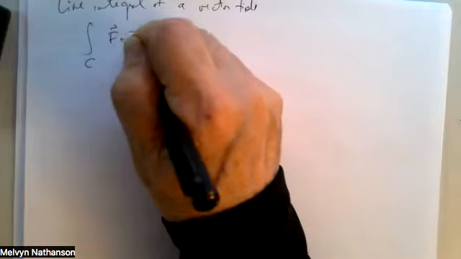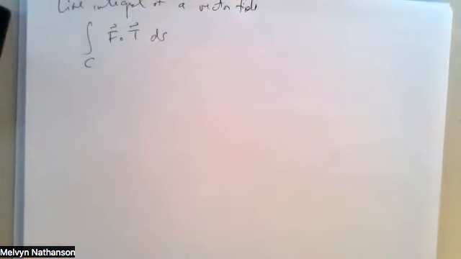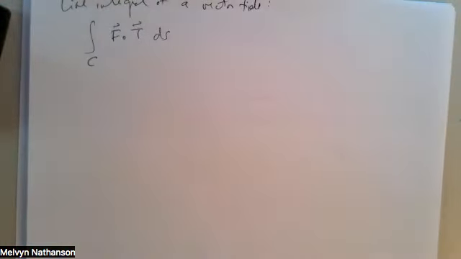And if we take the dot product of the vector field with the unit tangent vector at any point, that's a scalar field, ds. So this is the definition of the line integral of a vector field over a smooth curve.